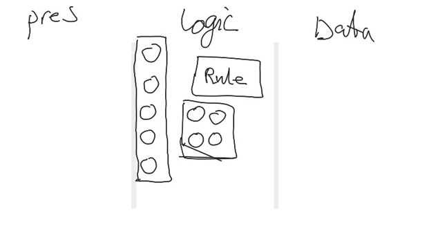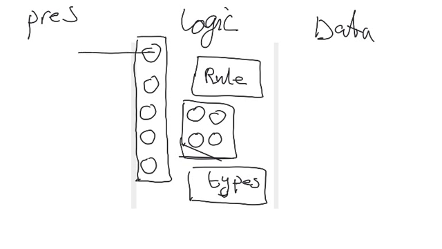And of course we're going to have the data types, very important. Our data types are designed to hold the whole data consumed in the logic tier. So that's how it works.